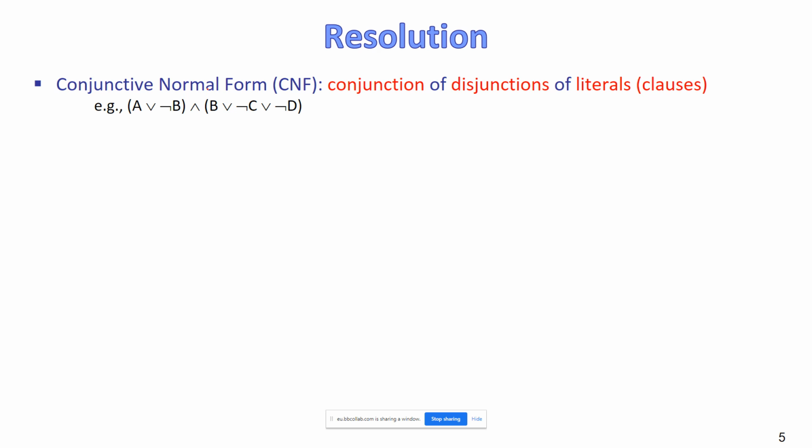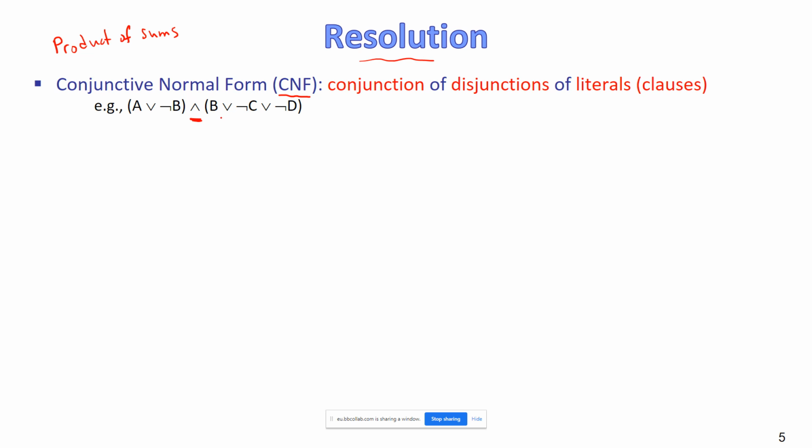The type of normal form that we will use in the resolution algorithm is called CNF, or conjunctive normal form. If you remember from propositional logic, this is what we call a product of sums. What do we mean by product of sums? Something like this. This is a product, because we have an and here of two things.